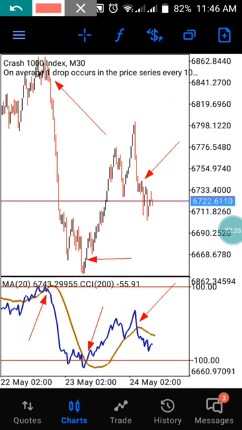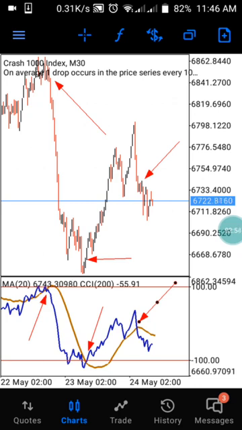what you just need to do is wait for your moving average and your Commodity Channel Index to meet together at the same point. Once they meet or cross each other, that is exactly the right time to watch. As you can see now, I have a lot of arrows on my indicator window, which show me the accurate time they are crossing each other.